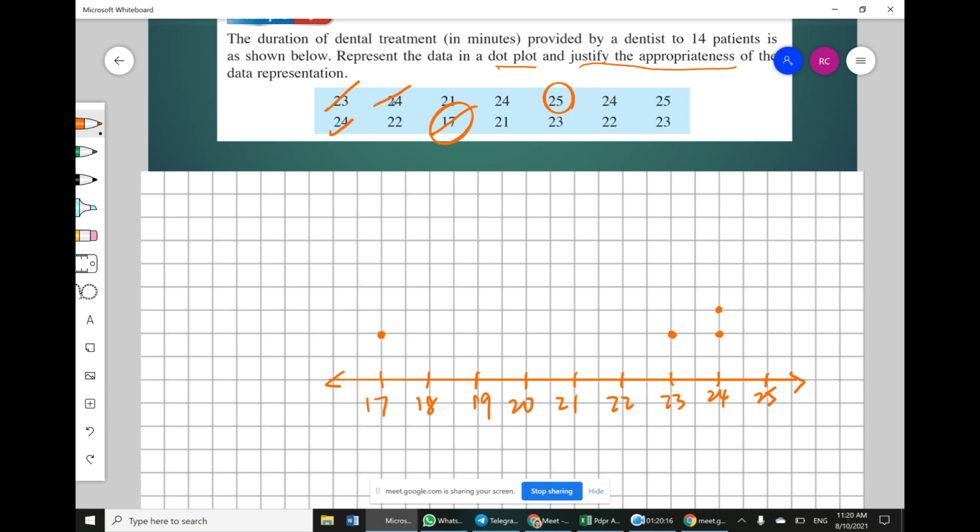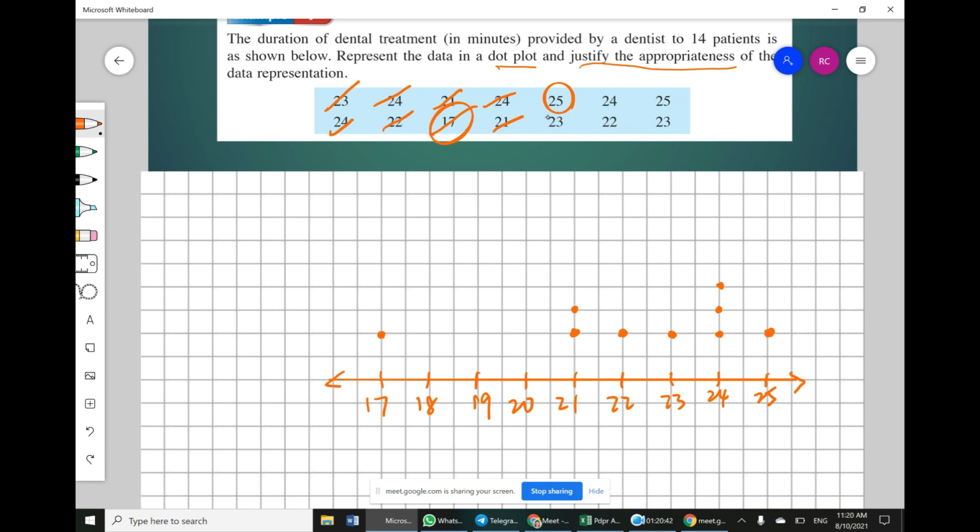Cancel it. Then 22. Go to 22. Draw the dot. Cancel it. And then 21. So this is 21. Cancel. 24 again. This one, 24, cancel it. 21. Next one. Cancel it. 25.